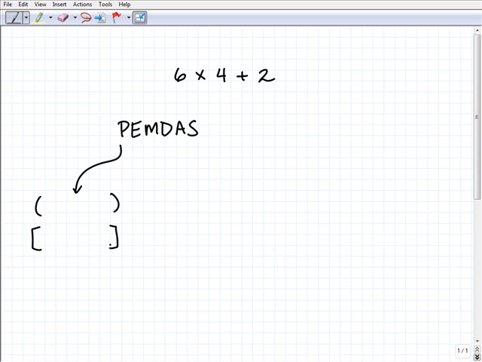Really technically it's grouping symbols. So anytime you see parentheses or brackets, you want to focus in on doing the work inside of them. Okay. All right, E. E stands for exponents, but you could think of that as powers. So anytime you see powers, let's say like 2 cubed, that's what E stands for. You want to do those next.